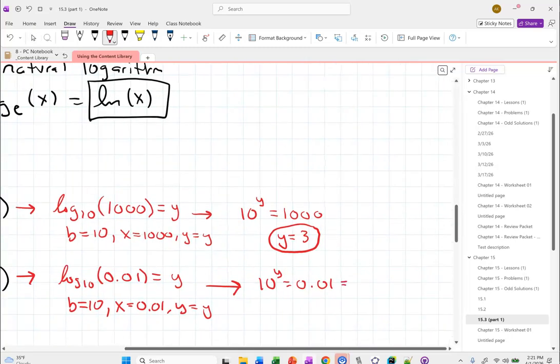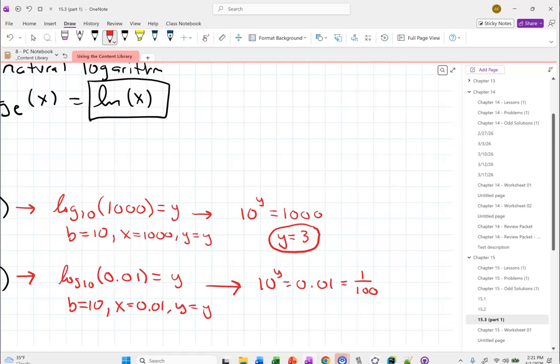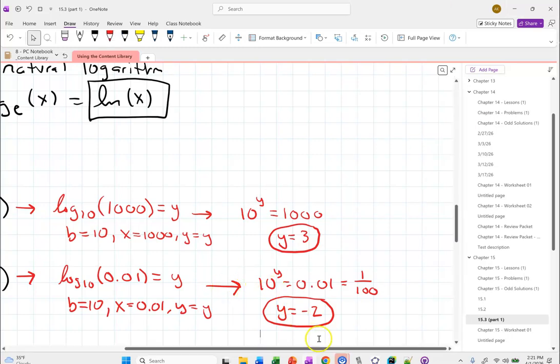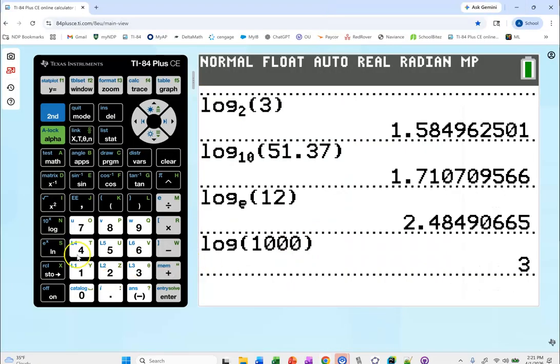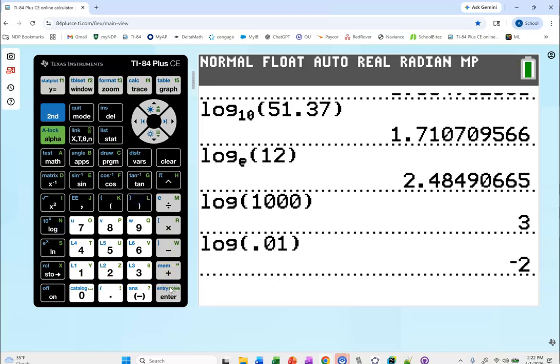Close. Think about 0.01 as the fraction, 1 over 100. So it should be -2. I need the negative sign to make the fraction, and the 2 for 10 squared to be 100. And again, if you wanted to on your calculator, we could type log 0.01 and press enter, and boom, -2 pops right out for us.